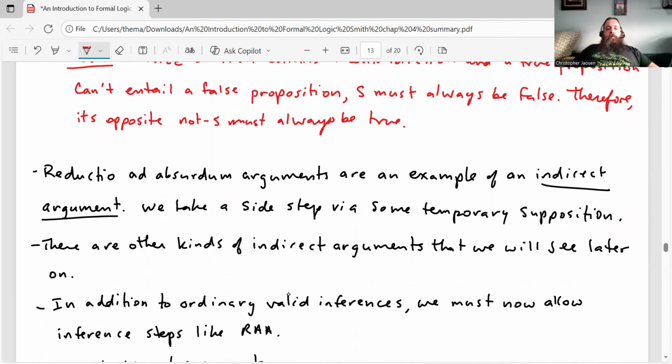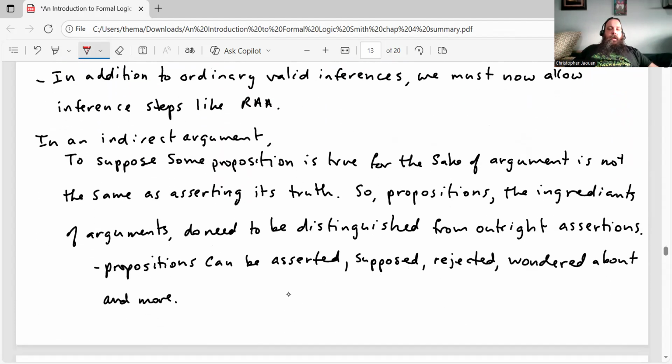Okay, reductio ad absurdum arguments are an example of an indirect argument. We take a sidestep via some temporary supposition. There are also other kinds of indirect arguments that we'll see later on. The author says, in addition to ordinary valid inferences, we must now allow inference steps like reductio ad absurdum. In an indirect argument, to suppose some proposition is true for the sake of argument is not the same as asserting its truth.